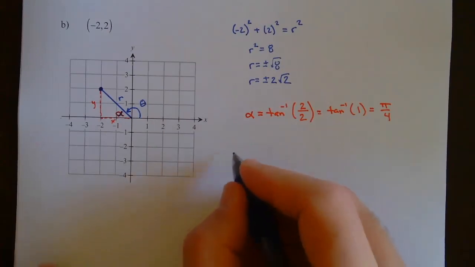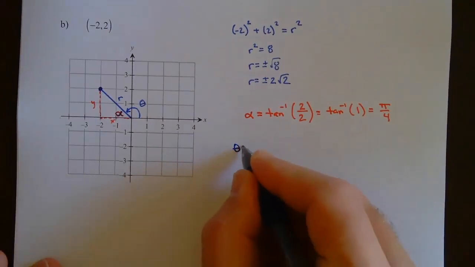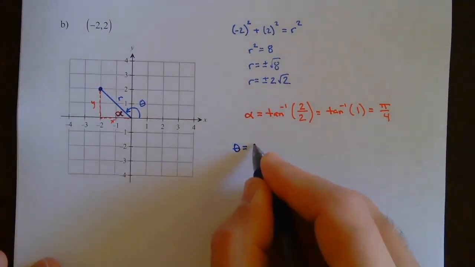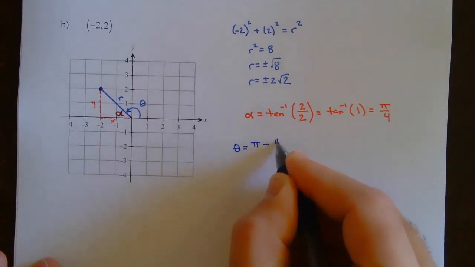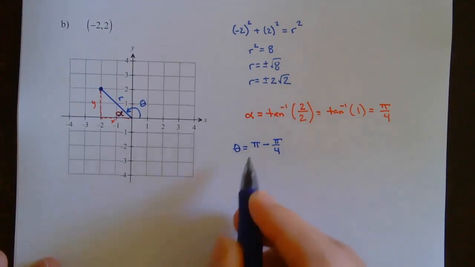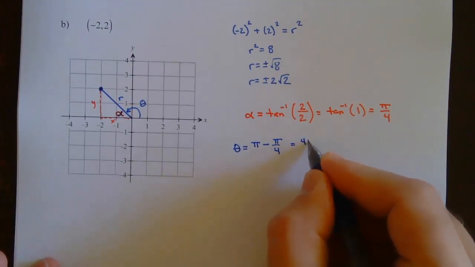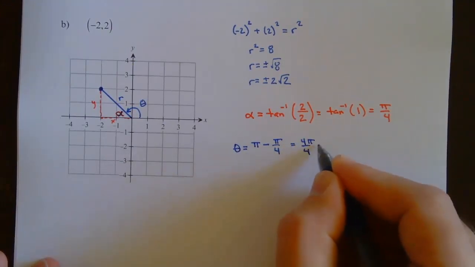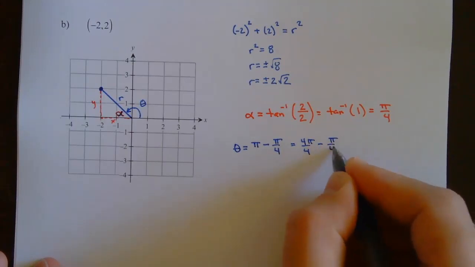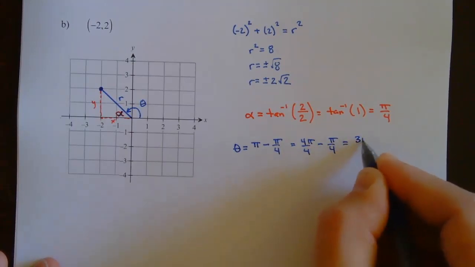So our angle theta would equal pi minus pi over 4. Now this would be 4 pi over 4 minus pi over 4, and that would be 3 pi over 4.